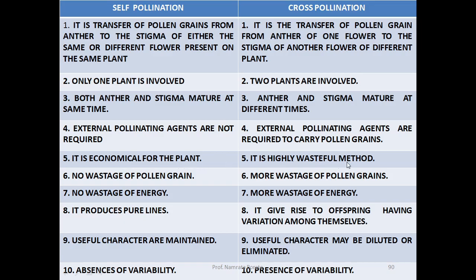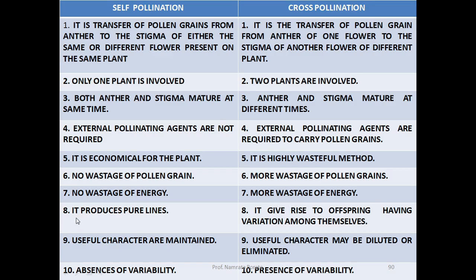Cross-pollination is a highly wasteful method. In self-pollination, there is no wastage of pollen grain. In cross-pollination, there is more wastage of pollen grain. In self-pollination, there is no wastage of energy. In cross-pollination, as a pollinating agent is required, there is more wastage of energy.